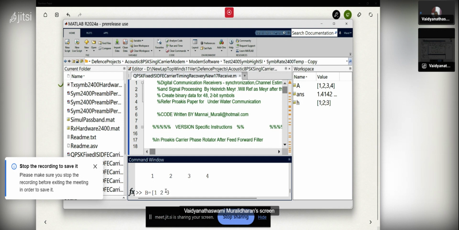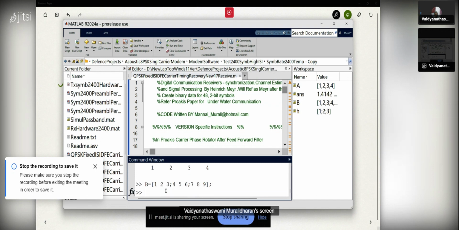This forms one row. The next row we separate using a semicolon: 4, 5, 6. This is the second row, separated by a semicolon. Third row 7, 8, 9. This is a 3 by 3 matrix.